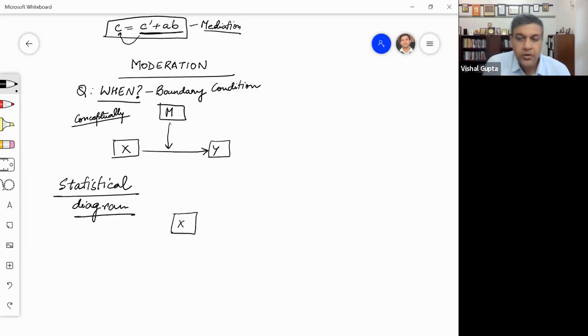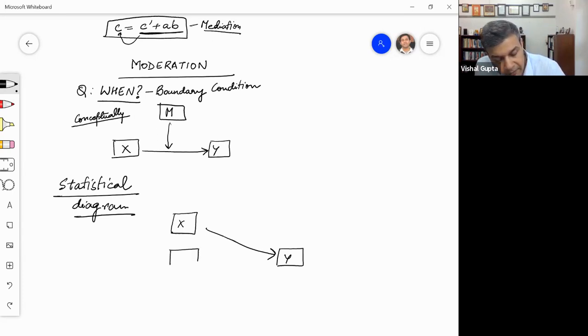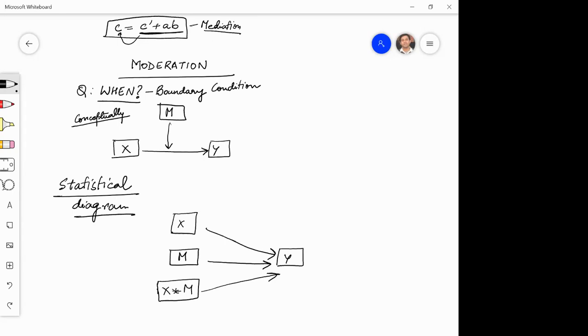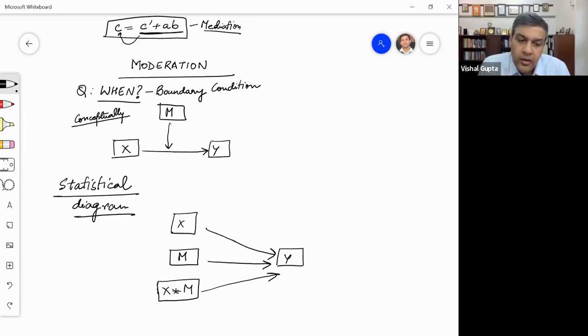And so you break this, or you open up this model, okay, you have X, you have Y, and you have a path from M to Y, and then you also regress Y on X into M. You regress Y on the product of X and M. Okay, and we'll write these coefficients as B1, B2, B3.